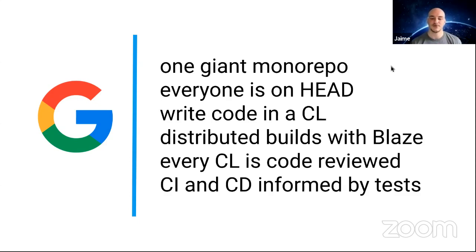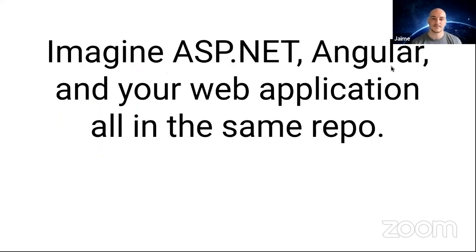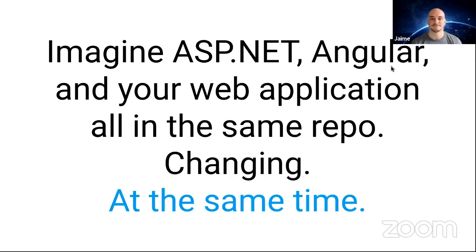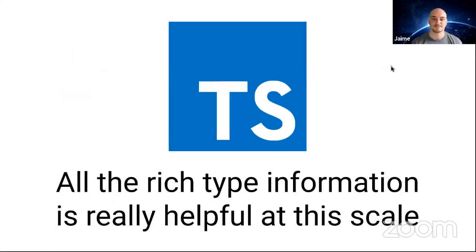Every CL goes through code review, and then we use continuous integration, continuous deployment informed by tests. So this gives you an idea of how we work at Google at scale. A good way to think about it is to imagine that you're working on ASP.NET, Angular, and your own web application, and everything is in the same repo, and it's changing all the time and at the same time. So that's an idea of how a monorepo feels.